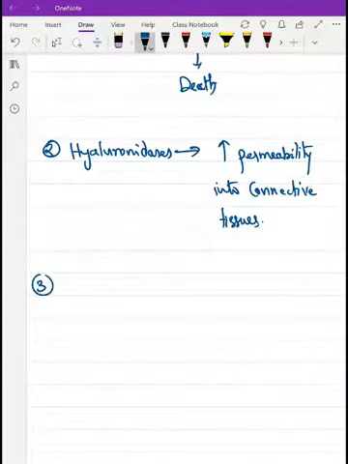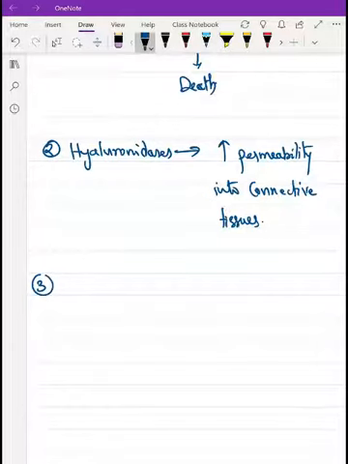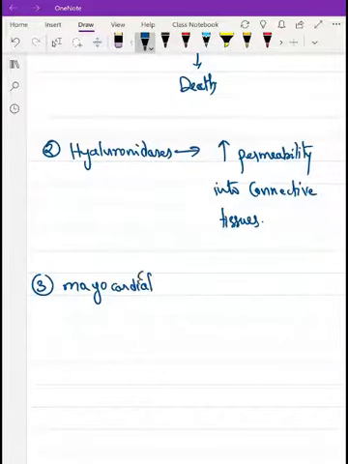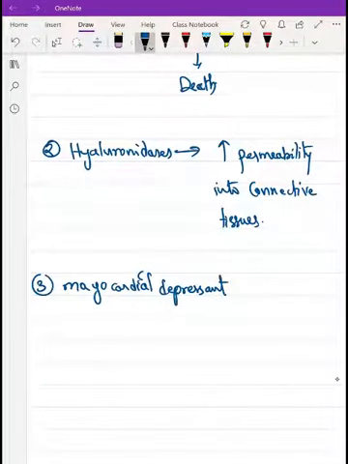The other ones are myocardial depressant factors.